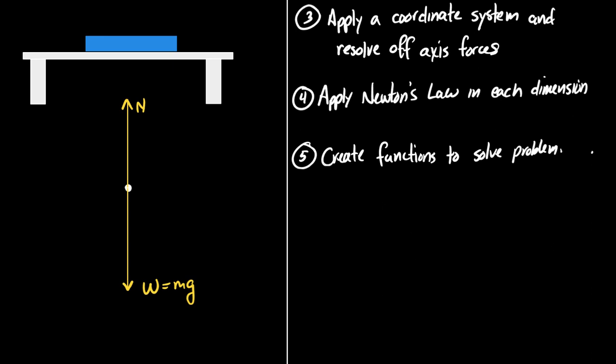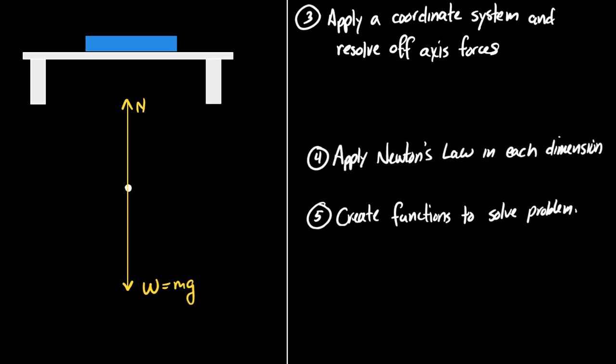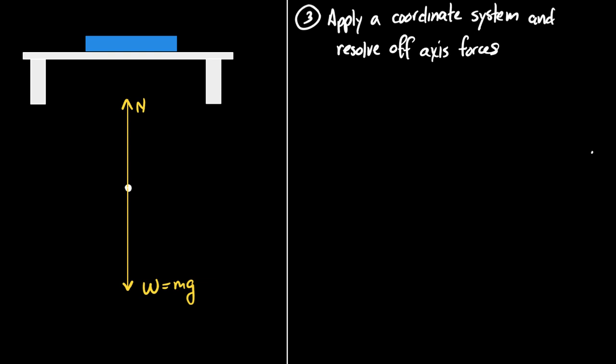Apply a coordinate system and resolve off-axis forces. Applying a coordinate system means you're placing X and Y over the top of your free body diagram. Truthfully, at this moment, we are done with the free body diagram. If you were asked to turn one in for a test, this is what you would do. On a test, it may say, do not add anything to your free body diagram.